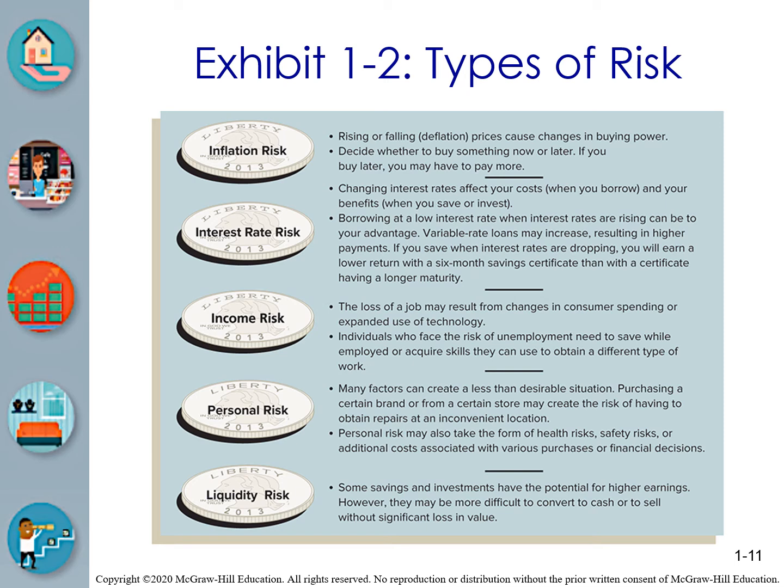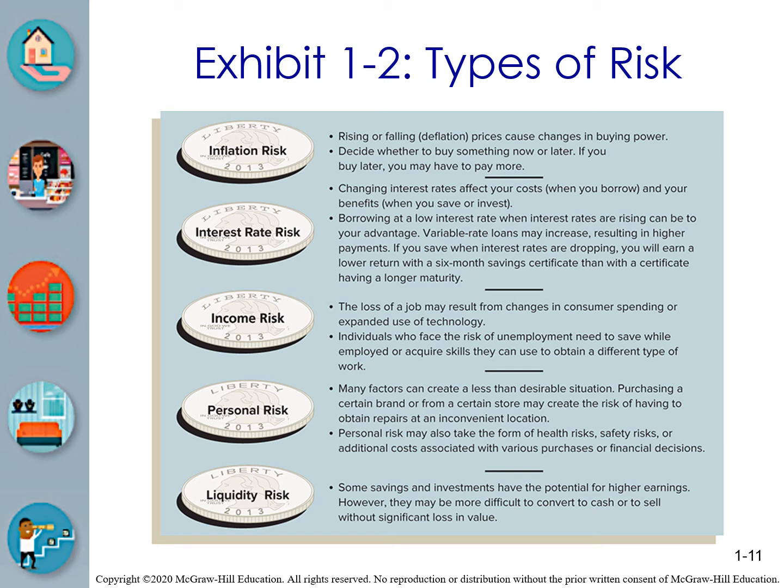Types of risk, again: inflation risk, interest rate risk, income risk, personal risk, liquidity risk. We've already gone over these, but I encourage you to walk through them and try to commit them to memory and make them your own. Inflation risk: inflation goes up, so there's a risk associated with that.